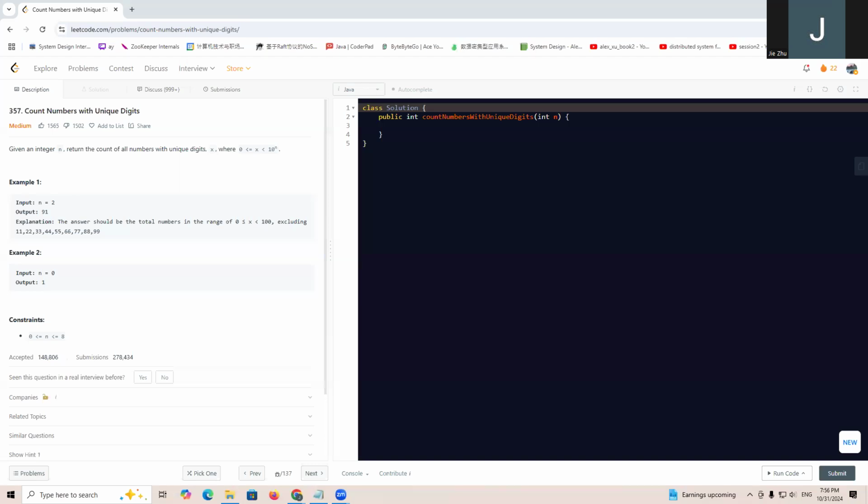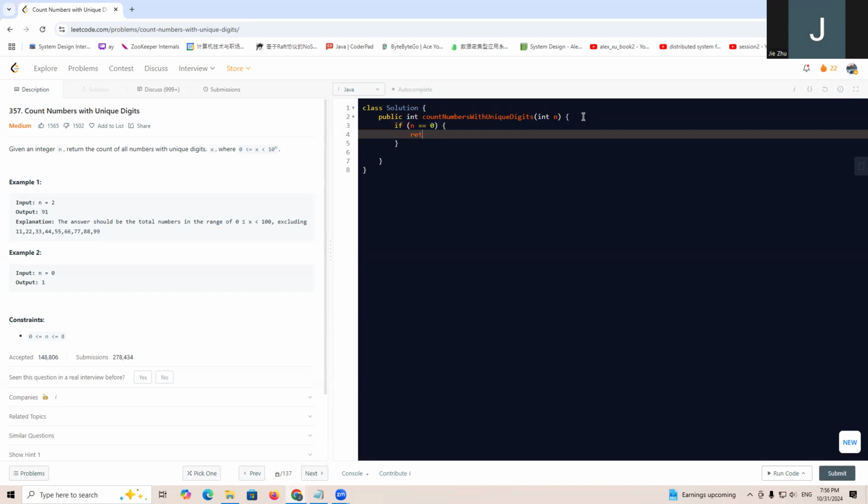So let's write the code. If n equals 0, we just return 1.